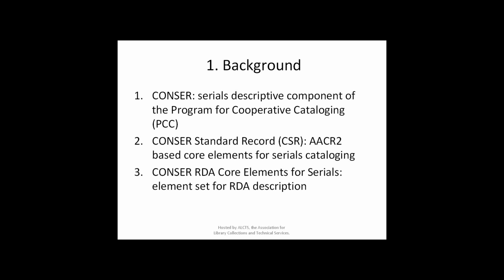You'll see this better in the documentation that I'll show you, but it is a core agreed upon set of RDA elements that are required for a CONSER record. It is the core element set, but CONSER members, in fact, any serials cataloger using the element set could always go beyond the core requirements that are in the element set.